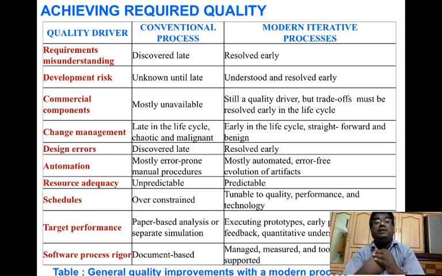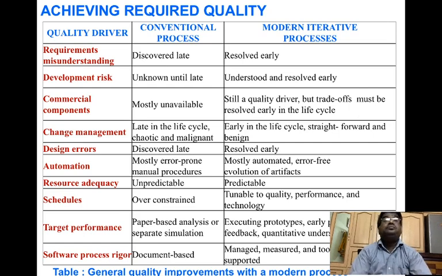We will avail them and reuse the commercial components in our projects, so that, as noted here, schedules, design errors, automation, everything is done within the schedule.